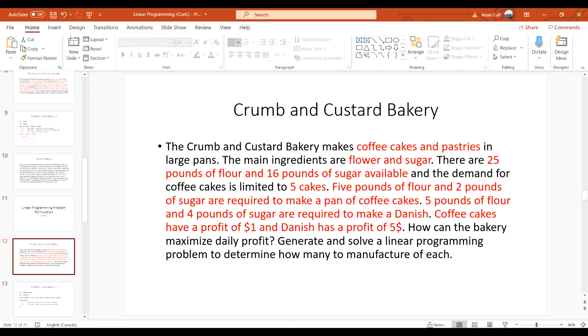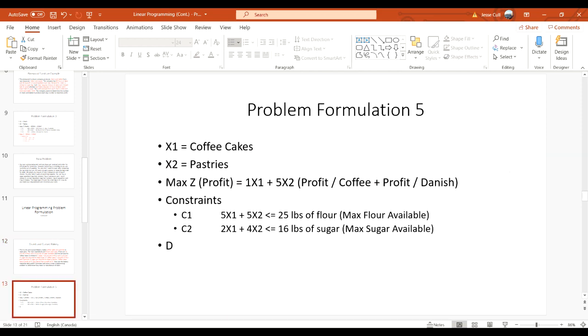Looks to me like in this situation, we're not going to get near our coffee cake limitation of 5 cakes because we're going to spend most of our resources making Danish. It's similar resources and much more profitable. But because it's listed here, we should list it in our constraints.